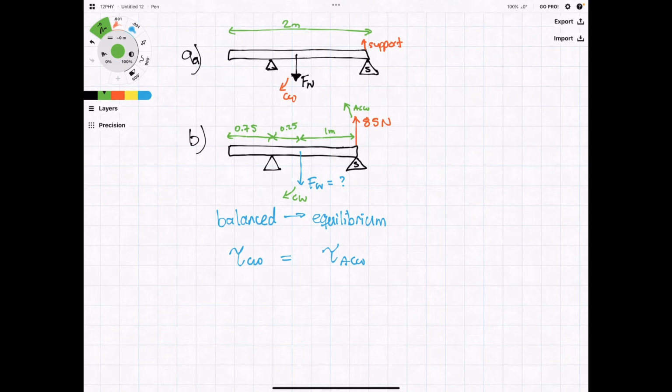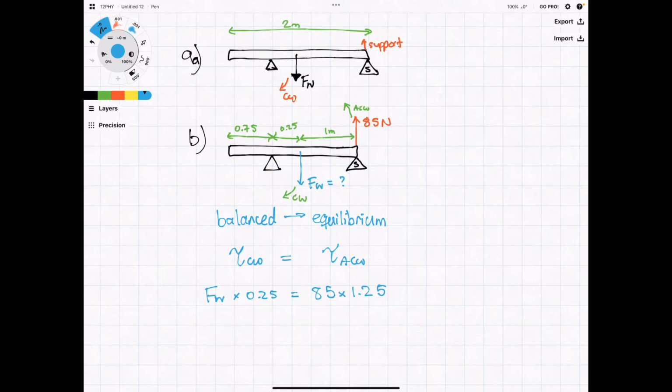Okay, so let's expand this equation out. In the clockwise direction, we have our weight force, so that's FW times the distance of the weight force from the pivot, which is 0.25. And in the anti-clockwise direction, we have our support force, which is 85, times the distance of that support force from the pivot, which should be 1.25.